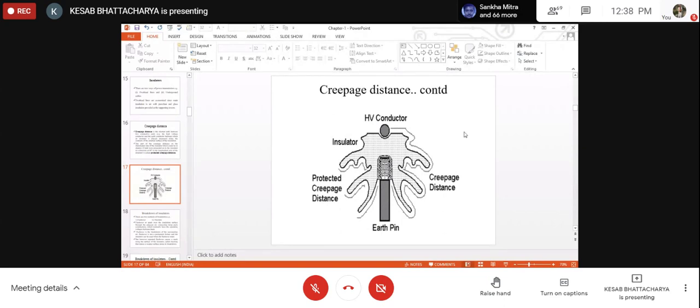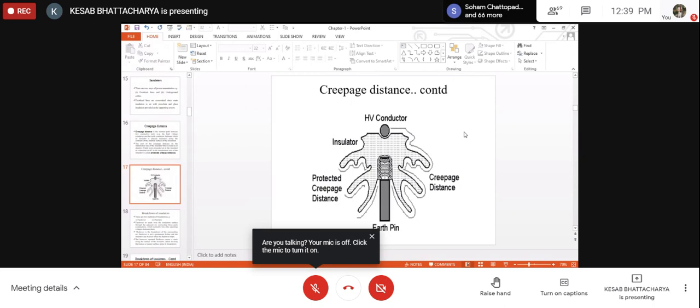And the current which flows from the high voltage conductor to the earth pin along the outside contour or outside surface of the insulator is called the leakage current. It is not possible to make any insulator for which the leakage current will be completely zero. It will be very small, no doubt, but there will always be some leakage current.